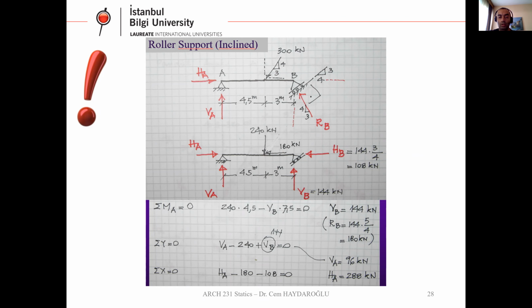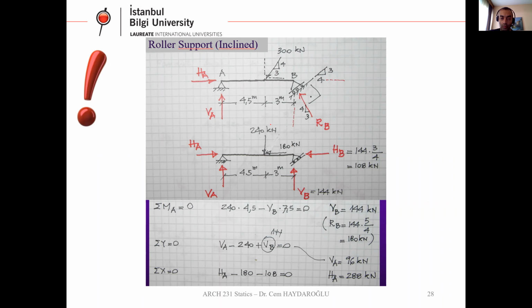So on the beam, there is an inclined, sloped 300 kilonewton. You can see on the left-hand side, HA and VA. At the right-hand side, we have an RB. Why is RB like this? Remember the rule for the roller support. The support reaction is perpendicular to the motion direction.